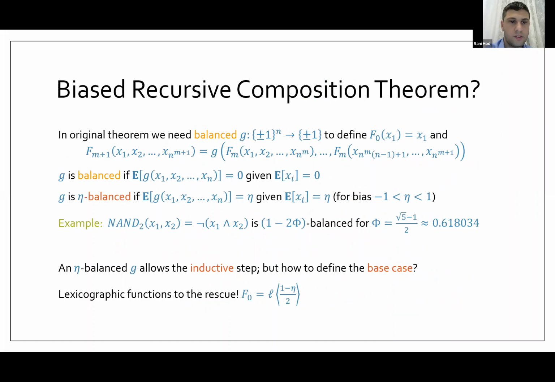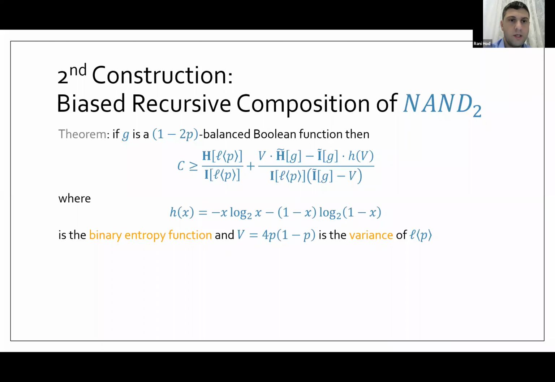If you look at this here, if instead of taking this LP, the lexicographic function, you take a different function as F0, what you'd get is the following. On the left side, you get what you'd get from F0. So if you already have a very, very good function, if most of the gain is from the left term, then there's not a lot of things that we can get.